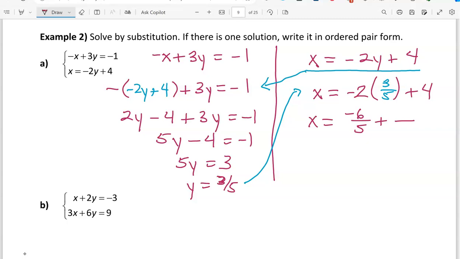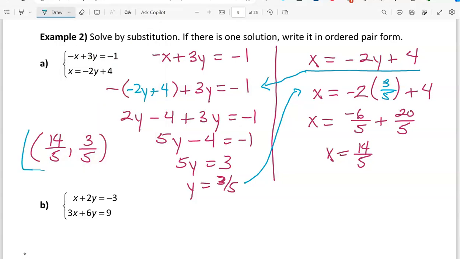And we need to add 4 to it, so we need a common denominator. 20 divided by 5 is the same as 4. So that gives us a common denominator of 5, and x is equal to 14/5. So make sure to write your answer in ordered pair form, which means x comma y with parentheses around it. And there's the solution to the system.